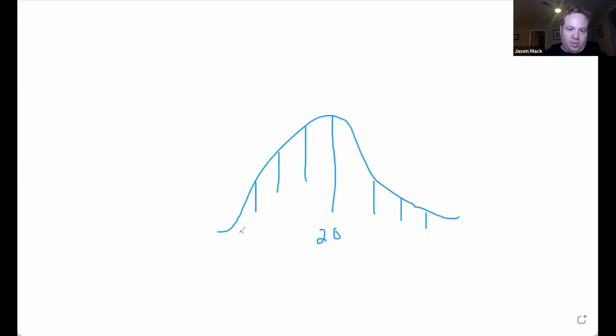This would be plus 3 standard deviations, and this would be minus 3, minus 2, minus 1. This is plus 1, plus 2. These are your standard deviations that we were talking about.